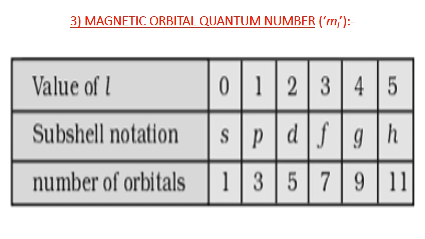If l value is 3, subshell notation is f. The number of orbitals is equal to 7. If l value is 4, subshell notation is g and the number of orbitals is equal to 9. If l value is 5, subshell notation is h, the number of orbitals is equal to 11.